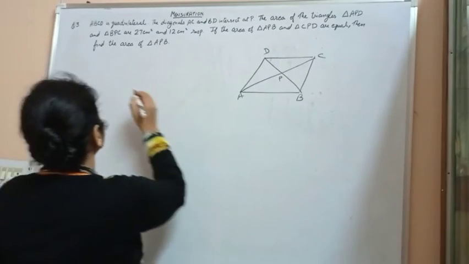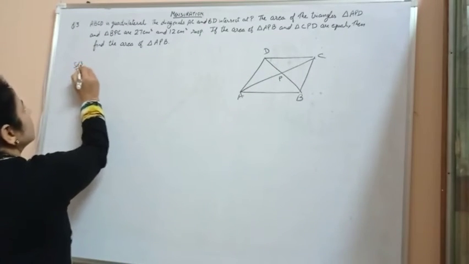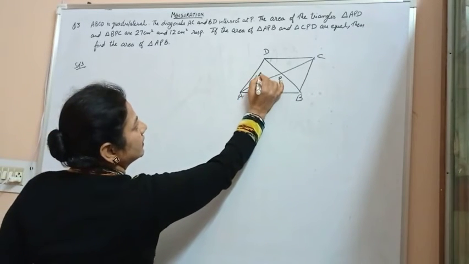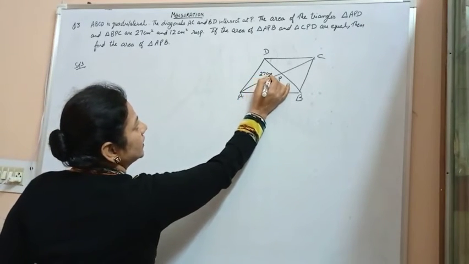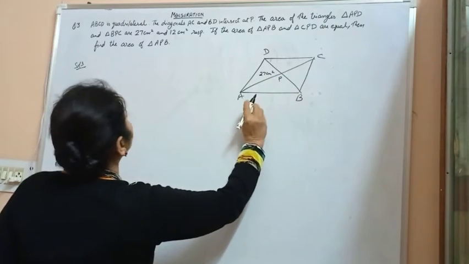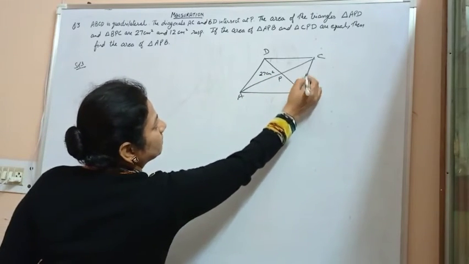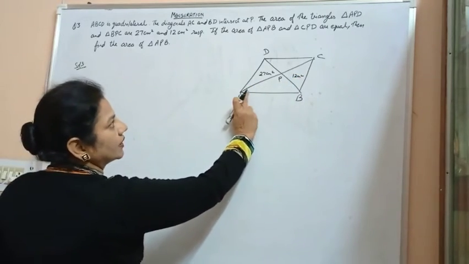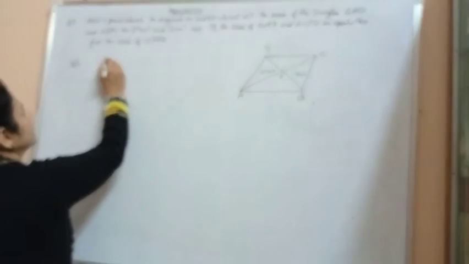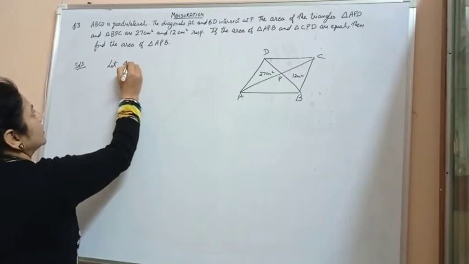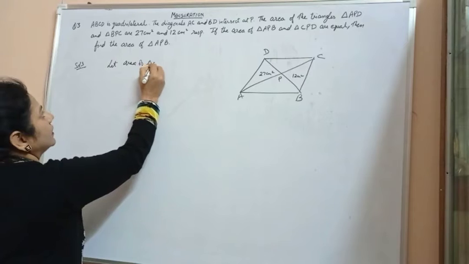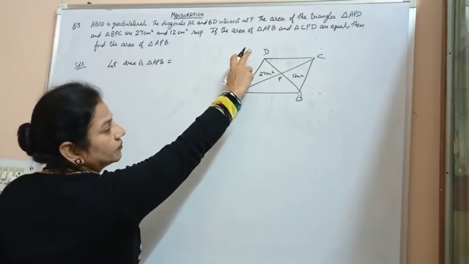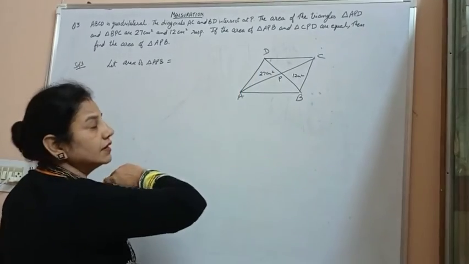Now what else is given to us? The area of triangle APD is 27 centimeter square, and the area of triangle BPC is 12 centimeter square. We have to find the area of triangle APB. So let the area of triangle APB be x, since it's given to us that the area of triangle APB is equal to the area of triangle CPD.